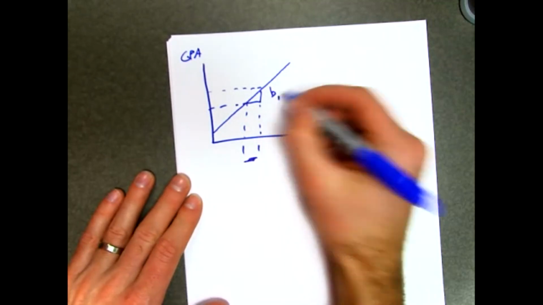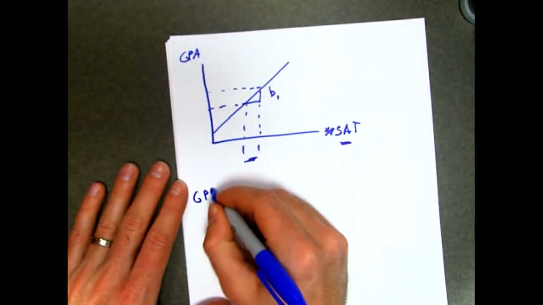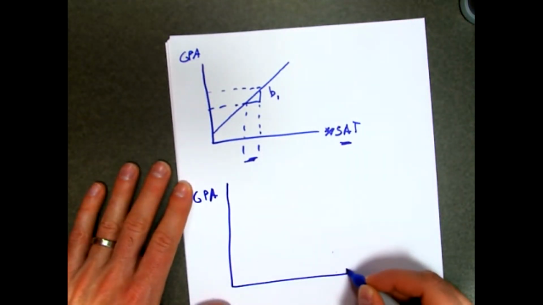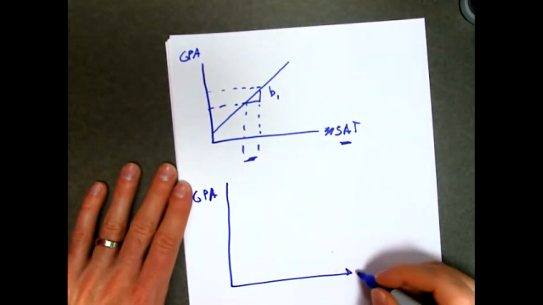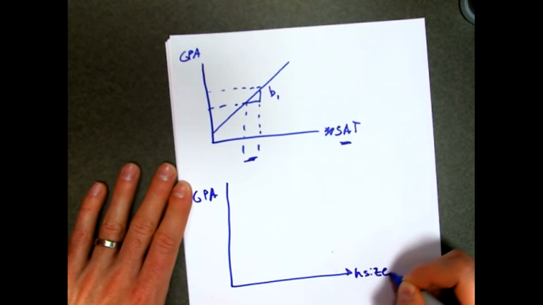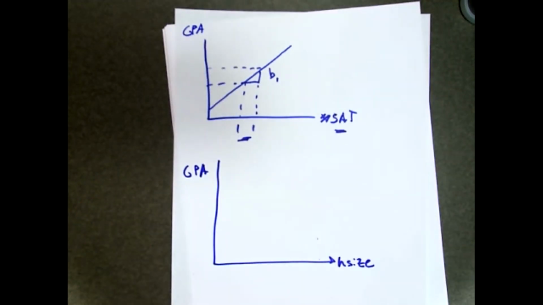Now, so this was your first coefficient. If you think about your second variable, let's say, oh, what was another one they had there? High school size, right? Honestly, I don't even know the units of that. I think they scaled it somehow, so I'd have to go back and look at it. It looks like it's between 0 and 10.